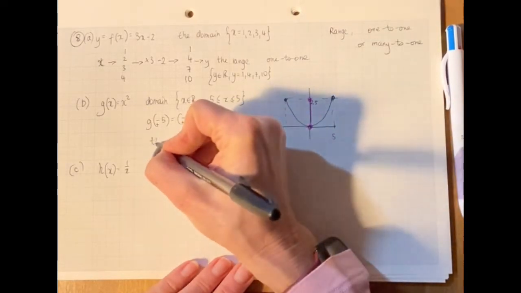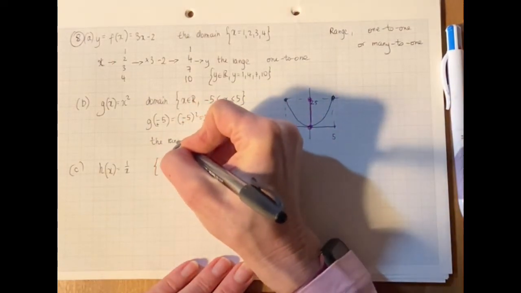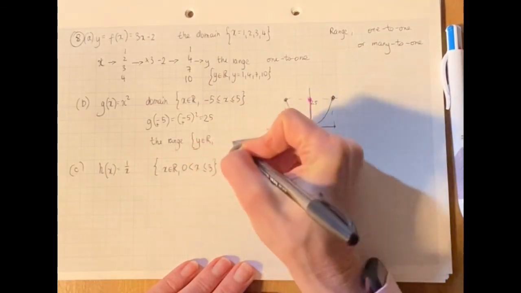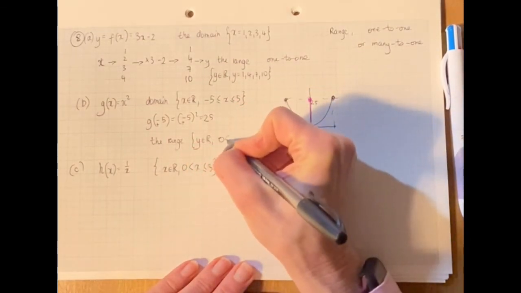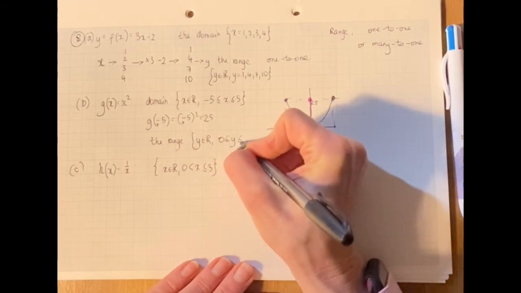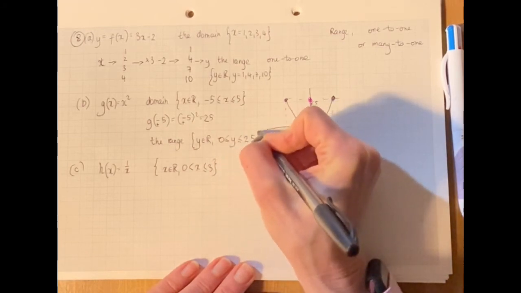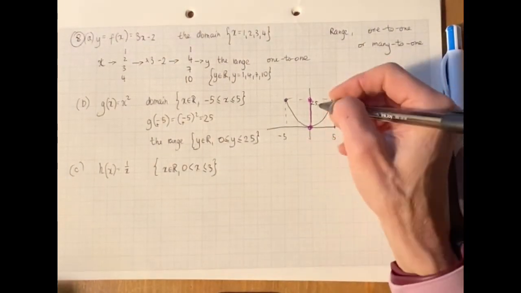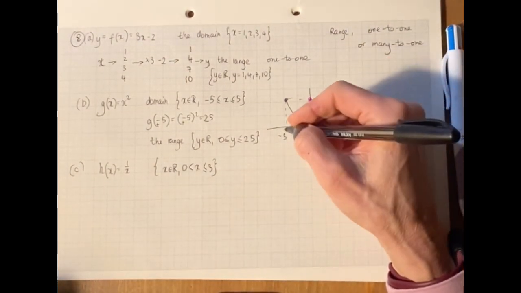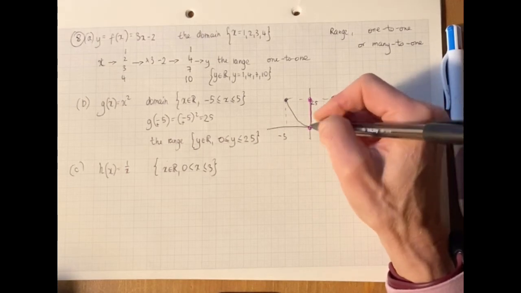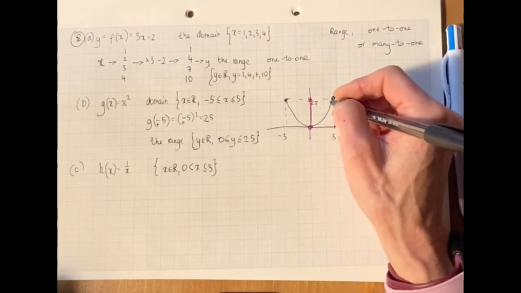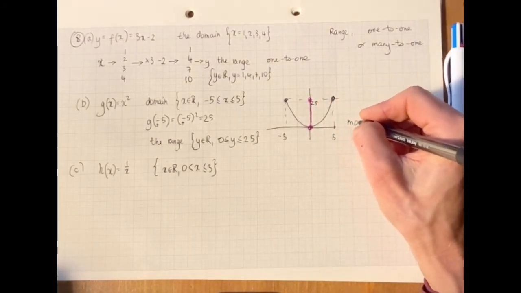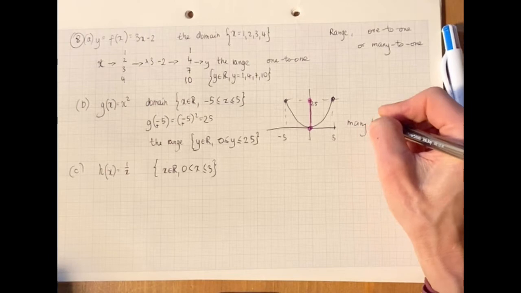So the range, you will have y belongs to real values, and then y starts from 0, goes all the way to 25, or g of x rather than y. Now, for those two endpoints, 5 and minus 5, it takes you to one answer. So this is an example of many to 1.